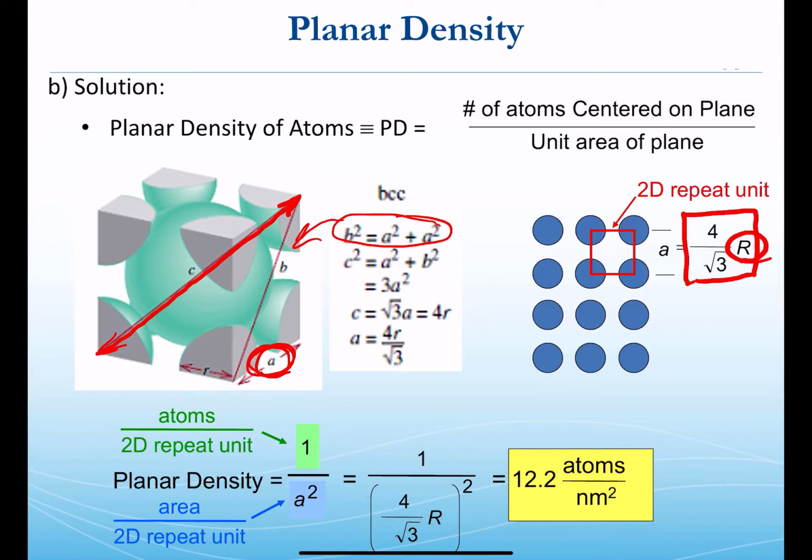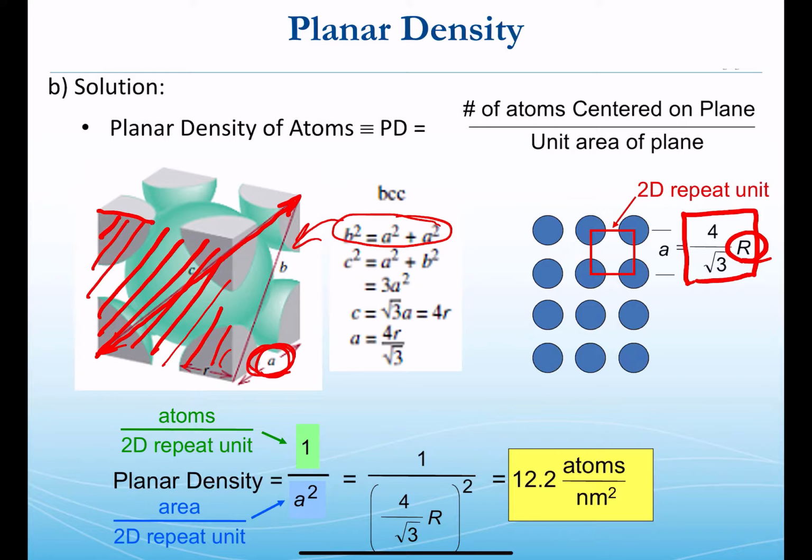Okay, and then if we were considering that 100 plane, which was that face there, we said that we are counting this portion of an atom as a quarter of the disk that is the whole circle of the atom. So 4 features there gives us 4 atoms in this plane.